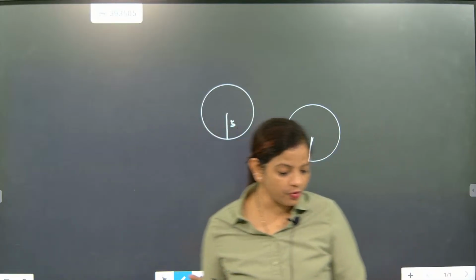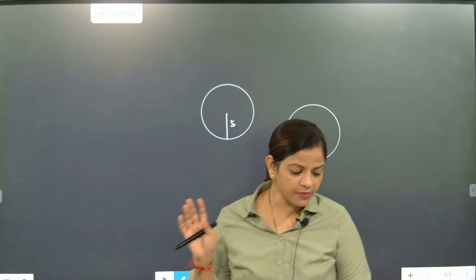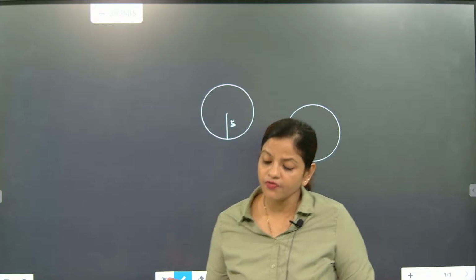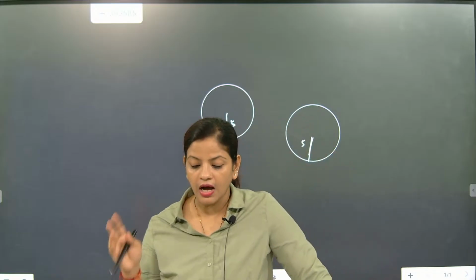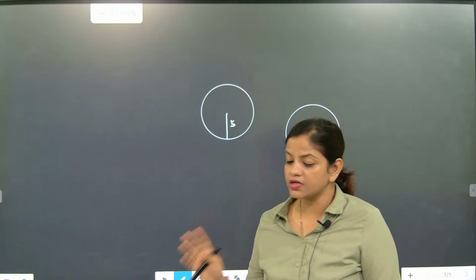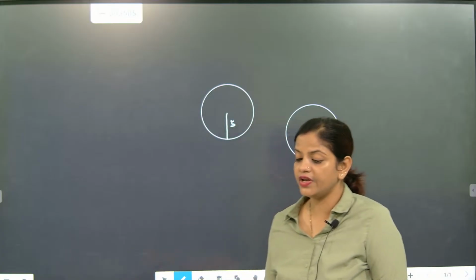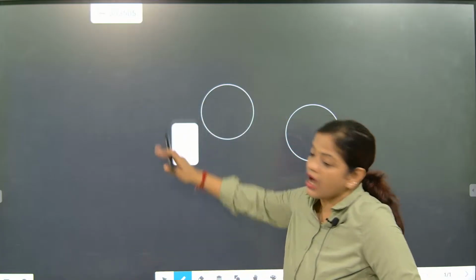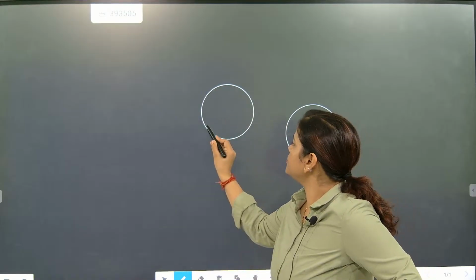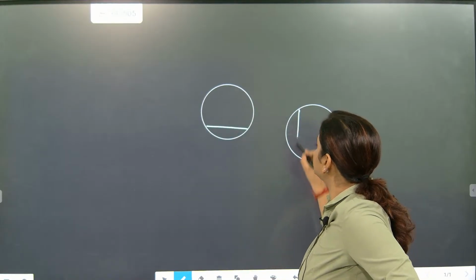The next important point: if two arcs of a circle are congruent, then the corresponding chords are equal. That is also very, very important. Say this is a chord and this is a chord.